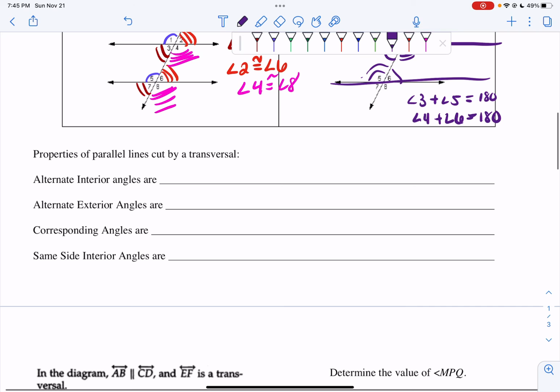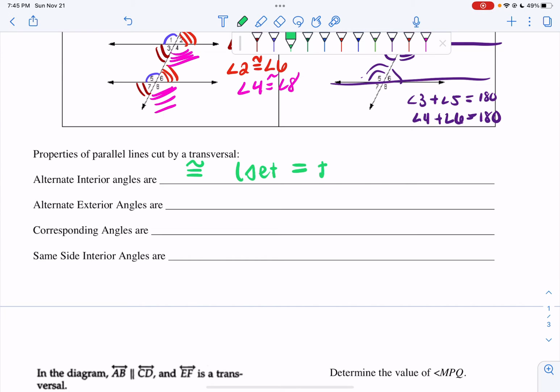So when two parallel lines are cut by a transversal, my alternate interior angles are congruent, so we're going to set them equal to each other. My alternate exterior angles are also congruent, and we're going to set them equal to each other. My corresponding angles are also congruent, and we're going to set those equal to each other as well.